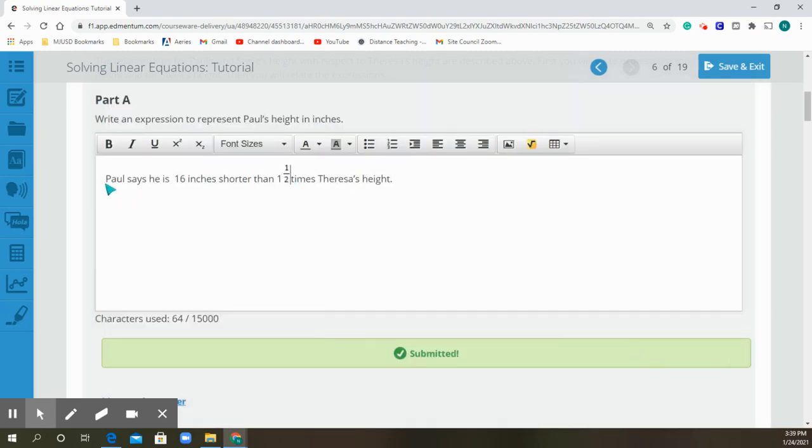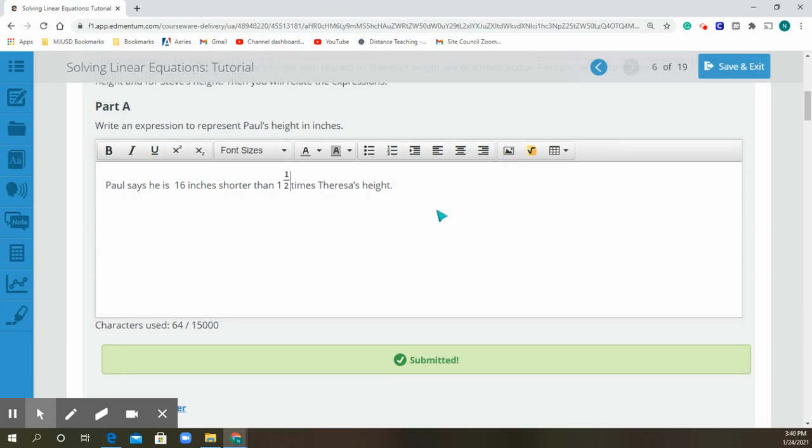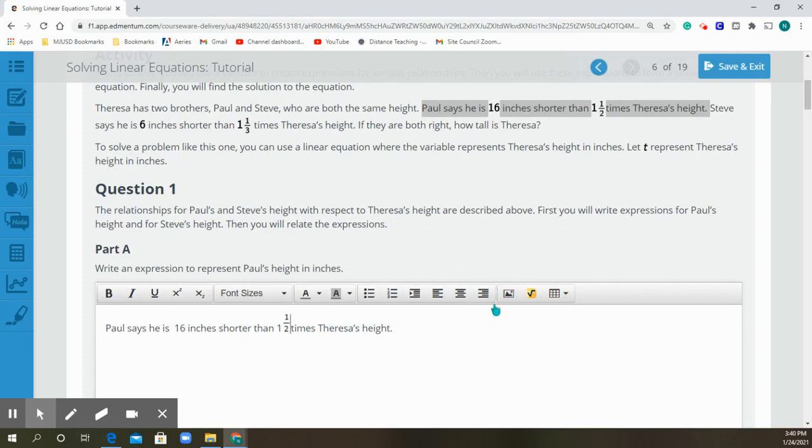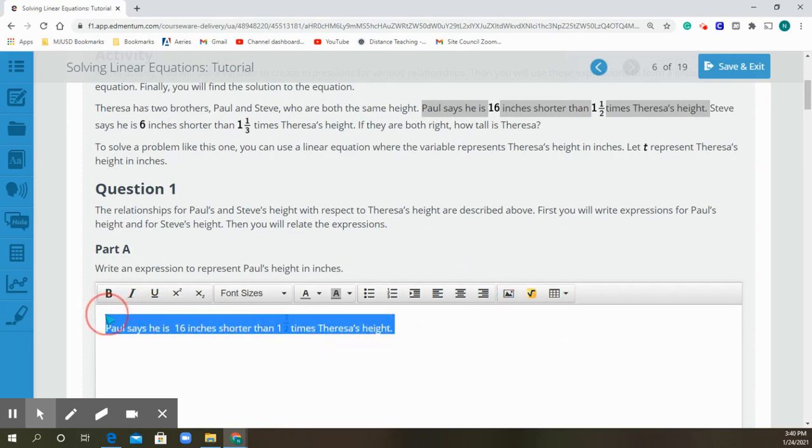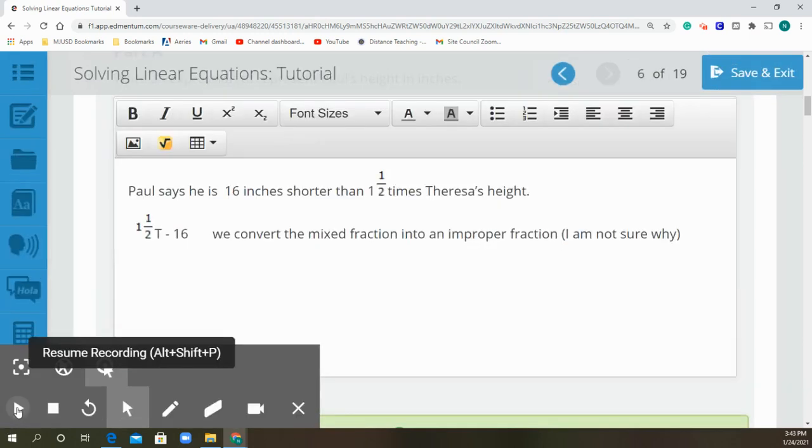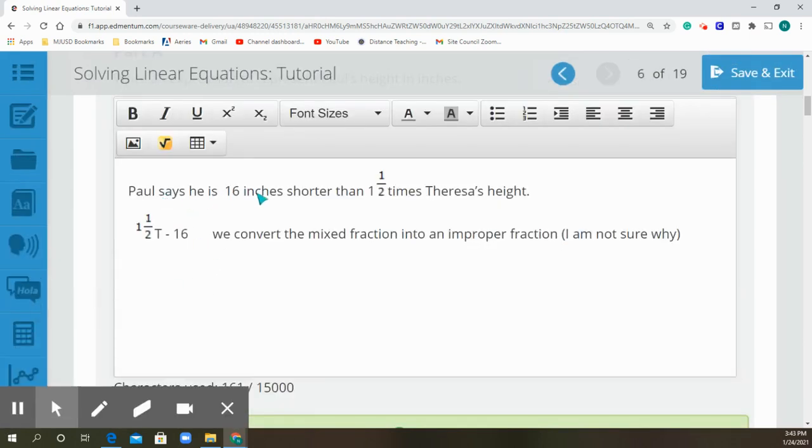All right, so Paul says he is 16 inches shorter than one half times Teresa's height. So now I have the information. I just have to put it into an expression. That means get rid of all of these other words. So Paul says he's 16 inches shorter.